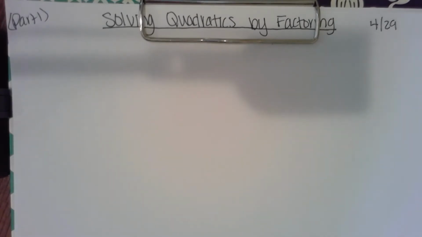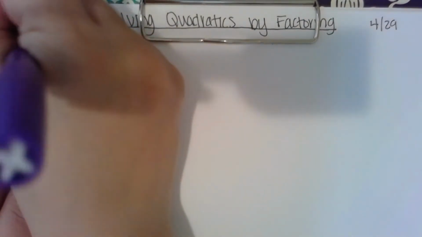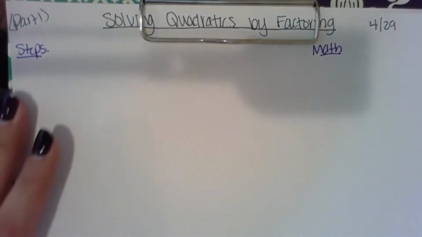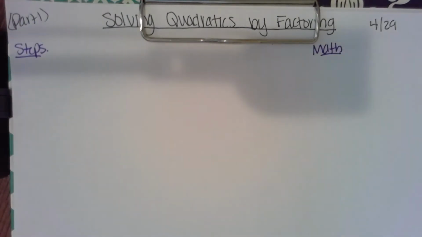So first things first, let's go over some steps. And then the math version. Remember, the steps verbally tell you what to do, and the math is what it should look like on your equation.